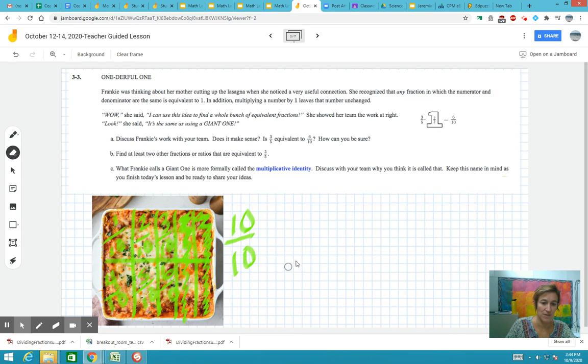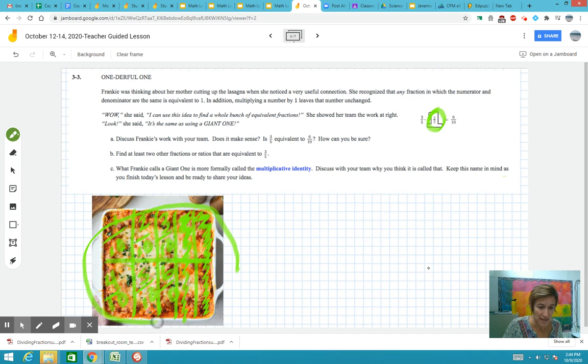So that shows that even though I started with the lasagna sliced into fifths, when I split it in half to represent this 2 up here, I now have twice as many pieces as I had to begin with. However, I still have one big lasagna. So that's how we can be sure.